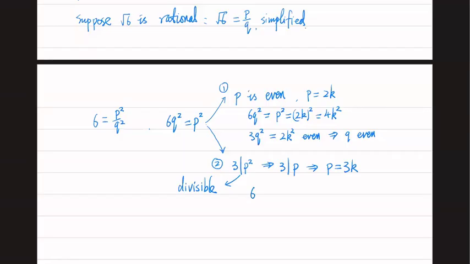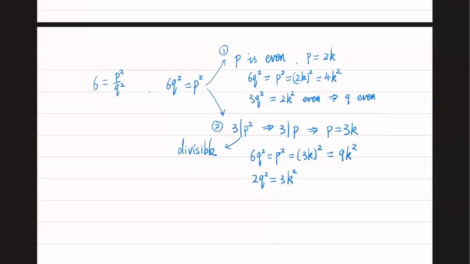So 6Q squared equals P squared, 2Q squared equals... 3Q squared. Again, it's divisible by 3. So this being equal is also divisible by 3.